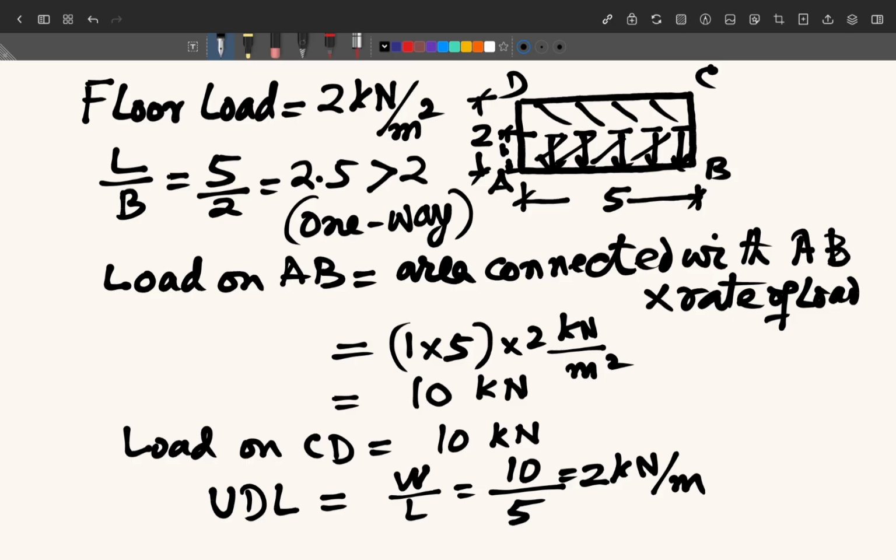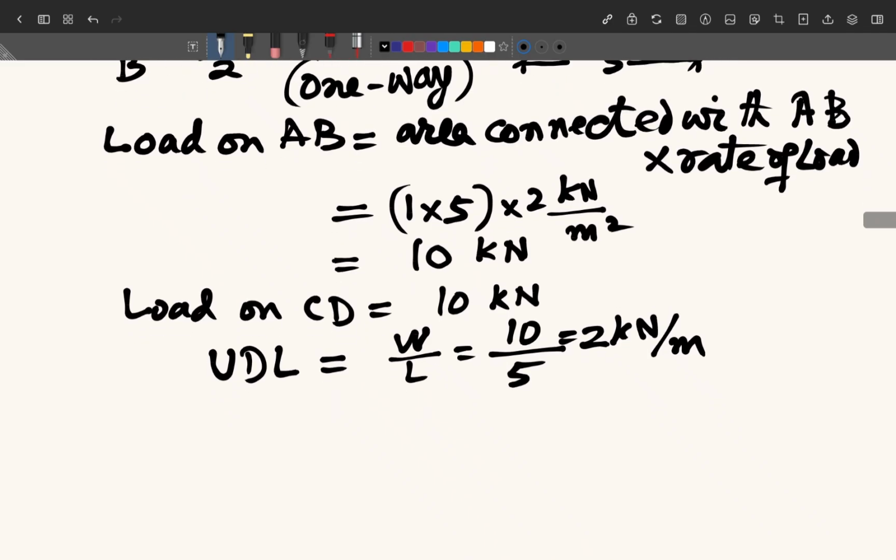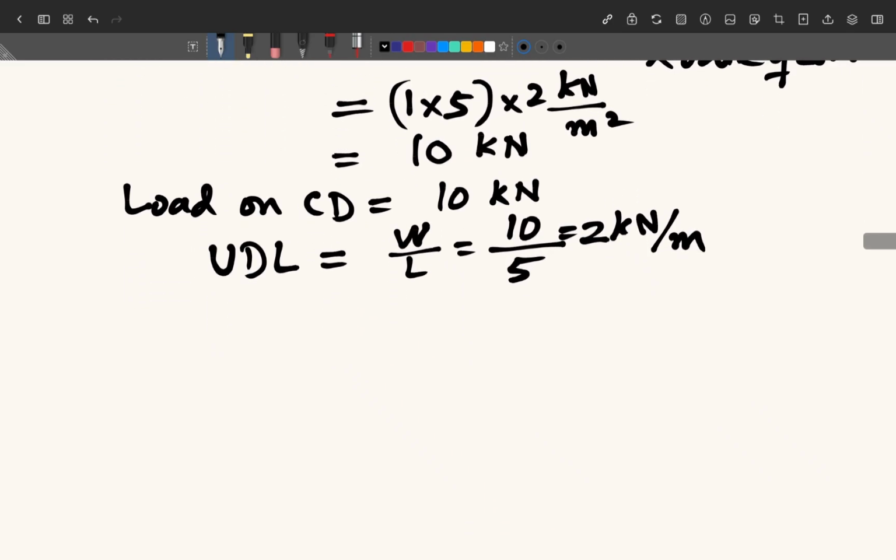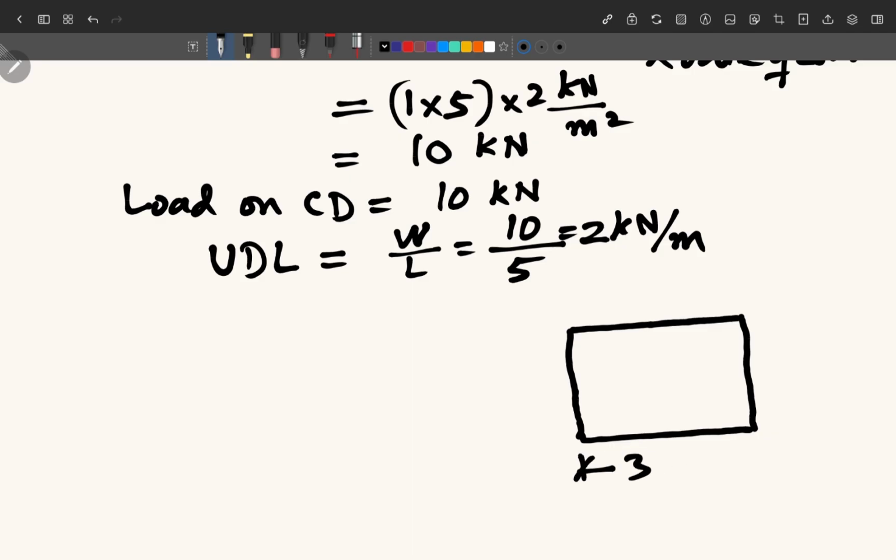Now we take one example for a two-way slab, and in case of two-way slab, now I'm taking this slab which is having these dimensions here. Here is 3 meter, this is 2 meter.